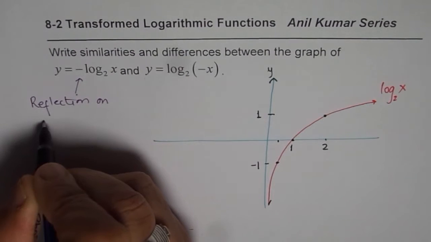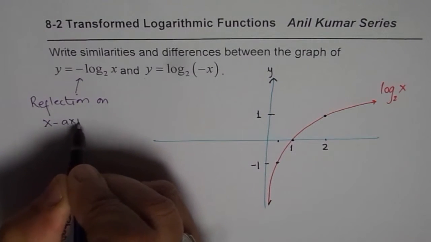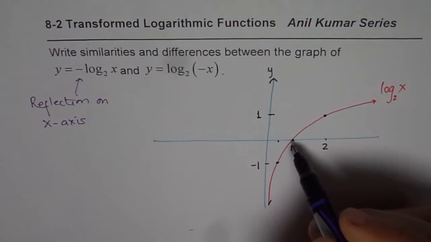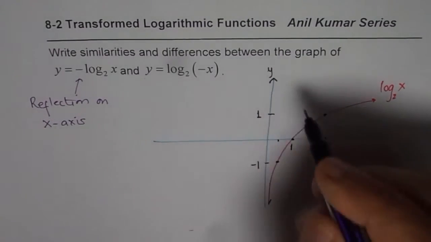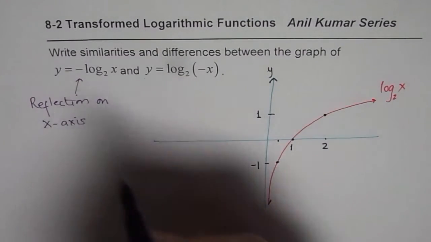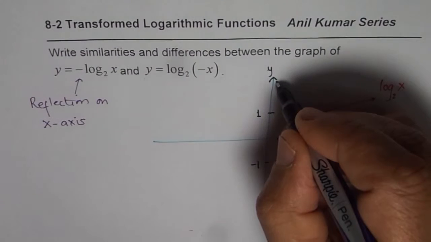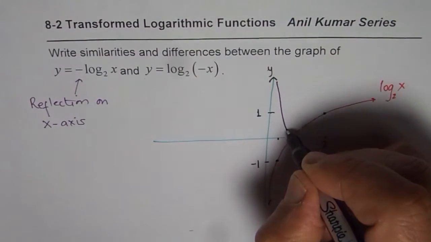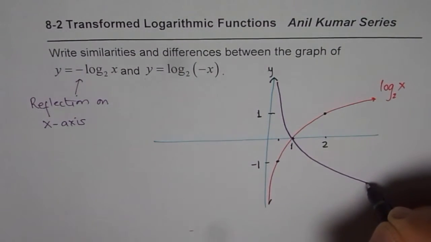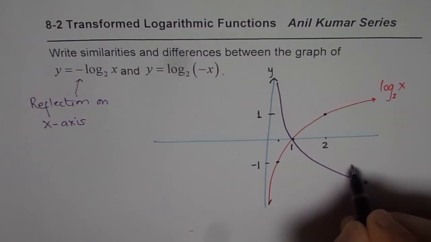This is reflection on x-axis, correct? So if I reflect this graph on x-axis, I get minus log 2 of x. That means my function is going to be kind of like this. So this function here is minus log 2 of x.